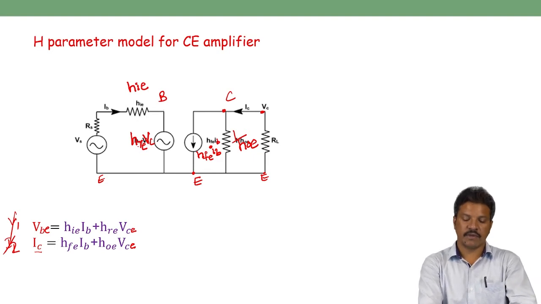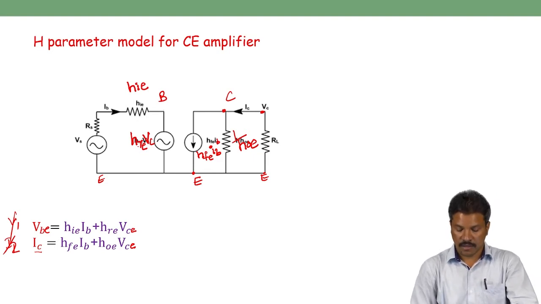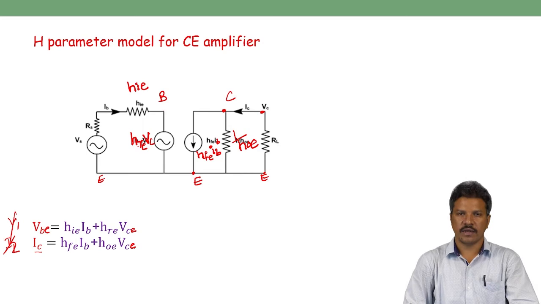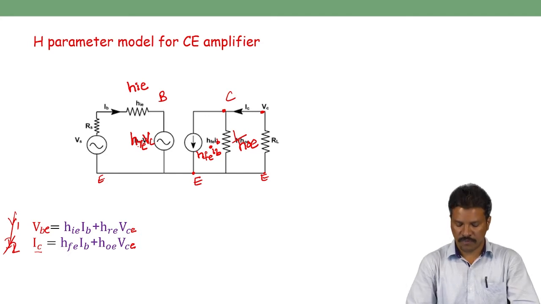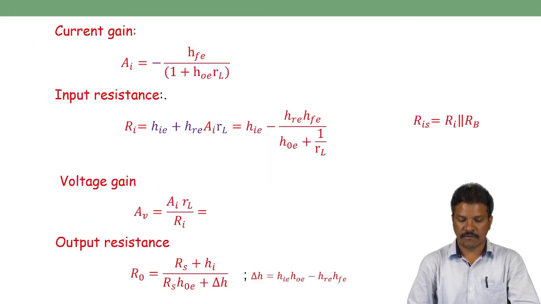These equations are helpful to find the transistor amplifier parameters RI, R0, AI, AV. Let us see them one by one.